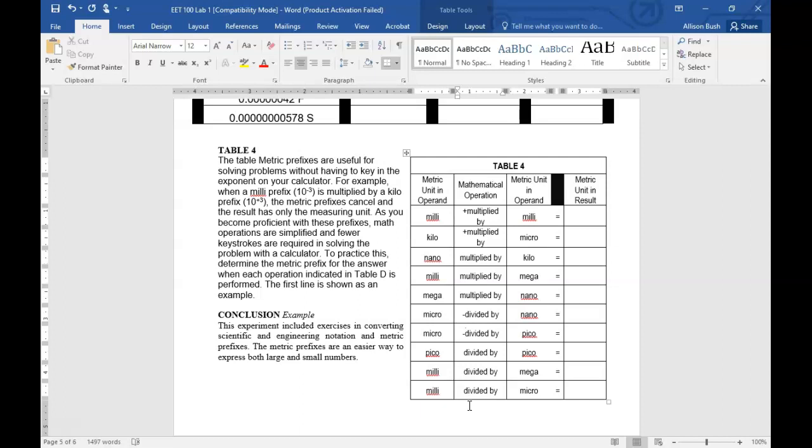Milli is -3. So you are essentially saying -3 plus -3. What does that give you? -6. That should give you micro. Okay?